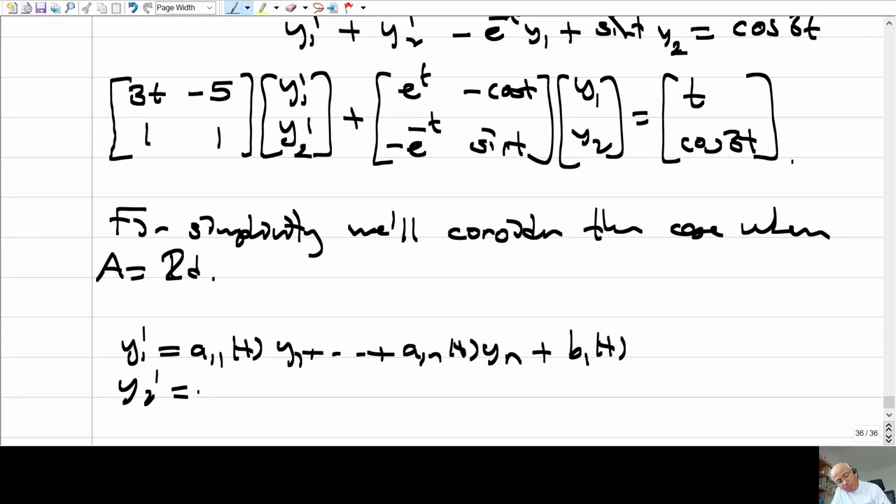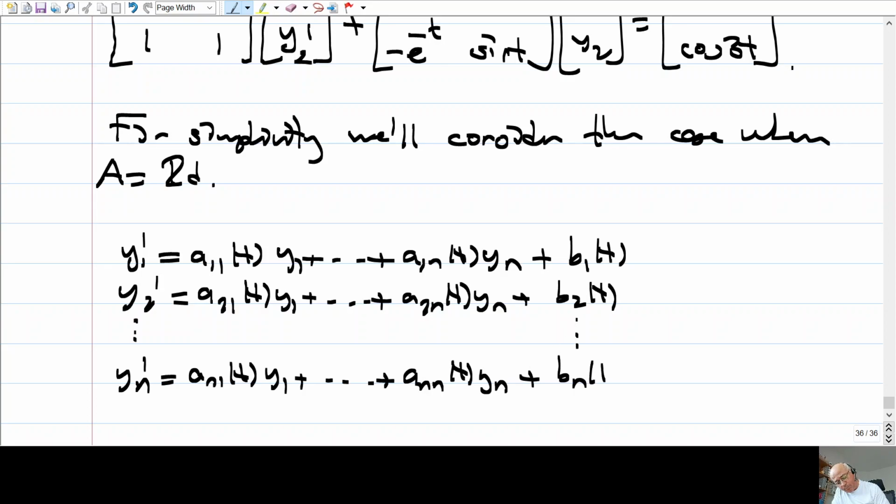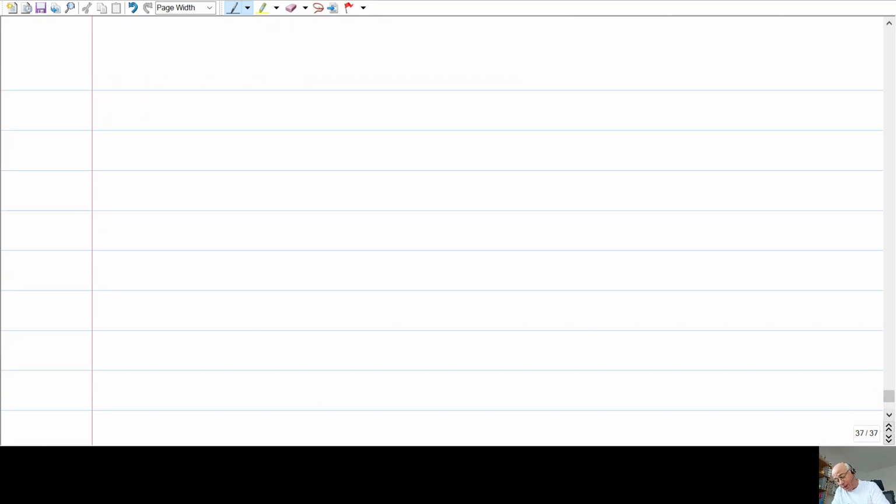I will have y2 prime, so a21(t) y1, up to a2n(t) yn plus b2(t), and it will be like this, up to an1(t) y1 up to ann(t) yn plus bn(t). Okay, so we will consider equations of this type.